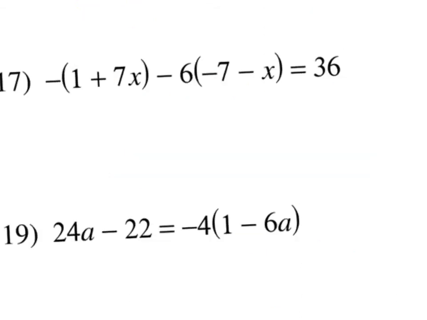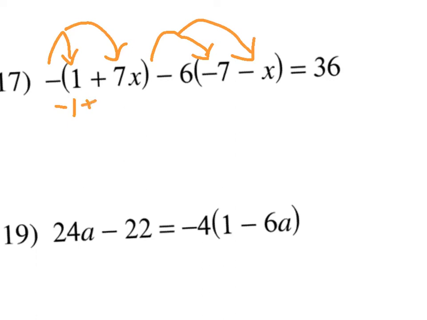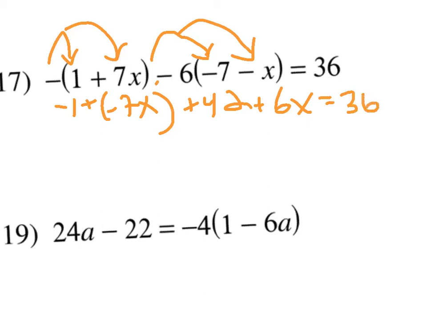Number 17, we had to distribute twice. This negative 1 and then this negative 6. Negative 1 plus negative 7x plus 42 plus 6x. That was negative 6 times negative 7, and then negative 6 times negative x, equals 36.